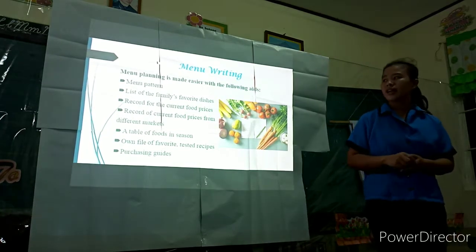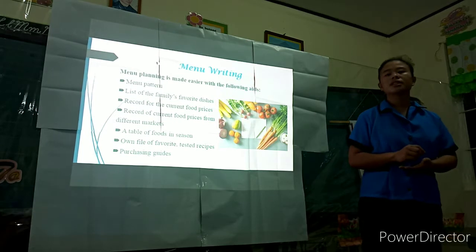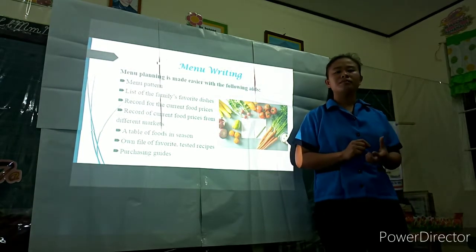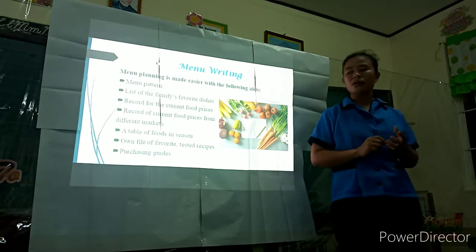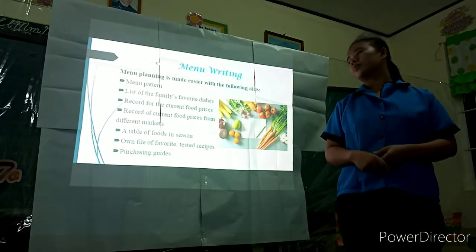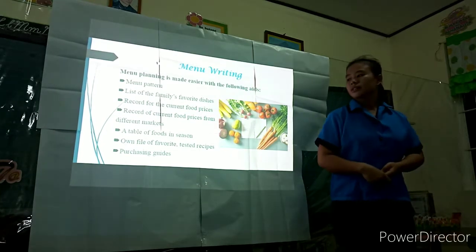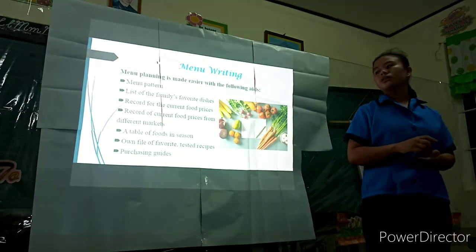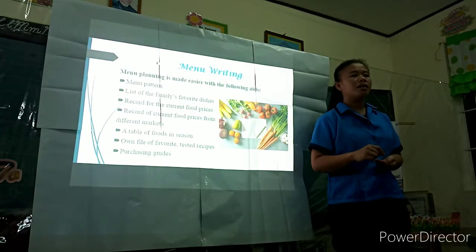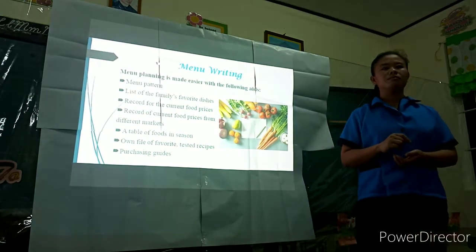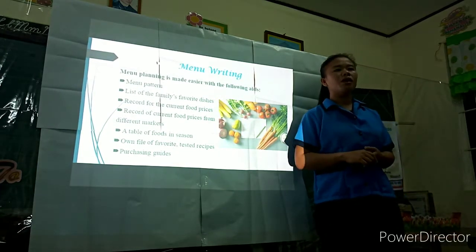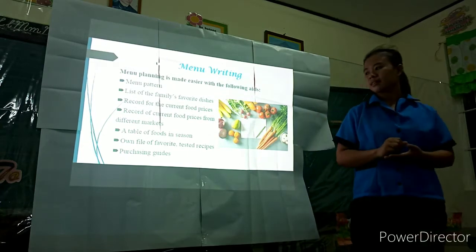Of course, in making a menu, you need to consider your family's favorite dishes for them to enjoy what you're going to cook. And a record of the current food prices. Of course, you need to record the current food prices because it will help you to know how much money you need to spend.